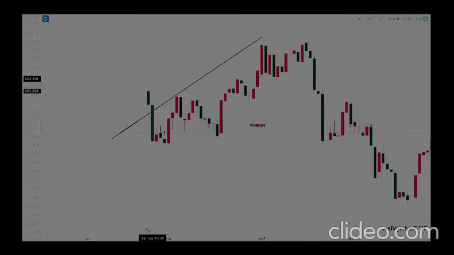It can be 2, 3, 4, as long as it connects to 2 or more points on the graph, then that is a legit trend.